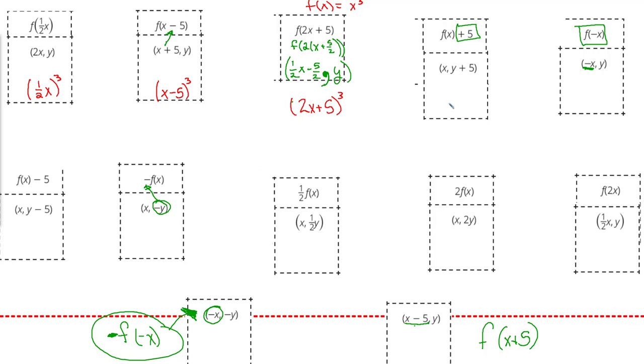Are they all just going to be cubed? I'm doing cubed for all of them. I'm doing all of it with the X cubed parent function. So X cubed plus 5, because it's outside the function. This is inside the function, so it's going to be negative X raised to the third power.